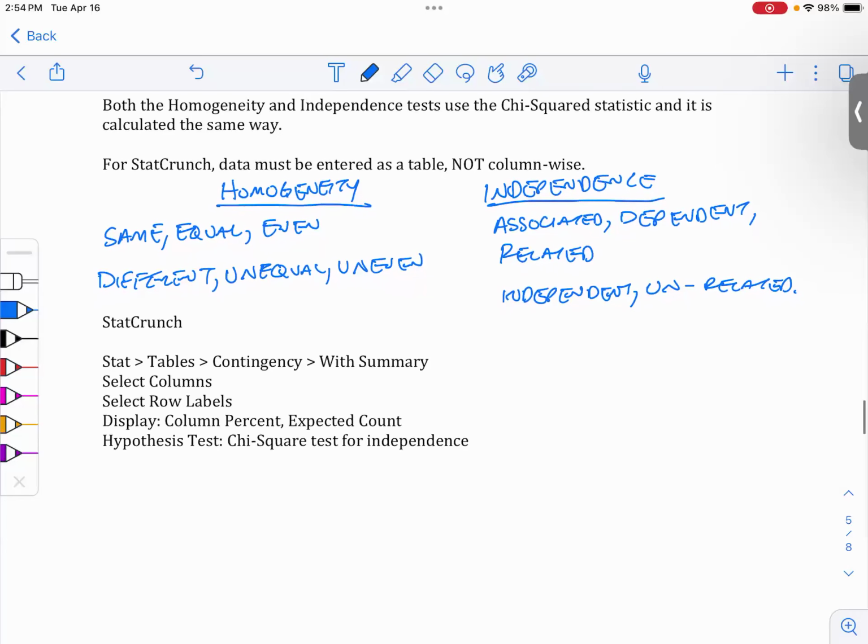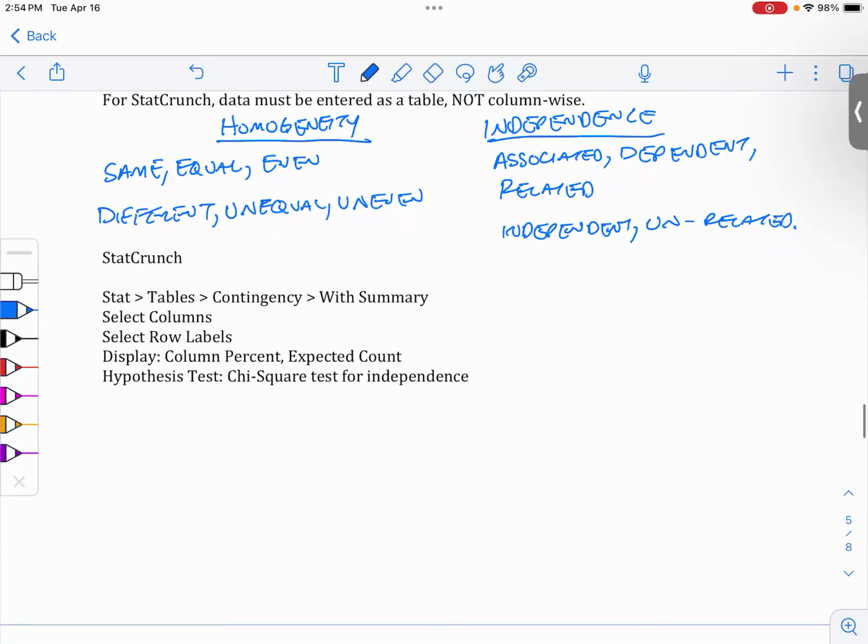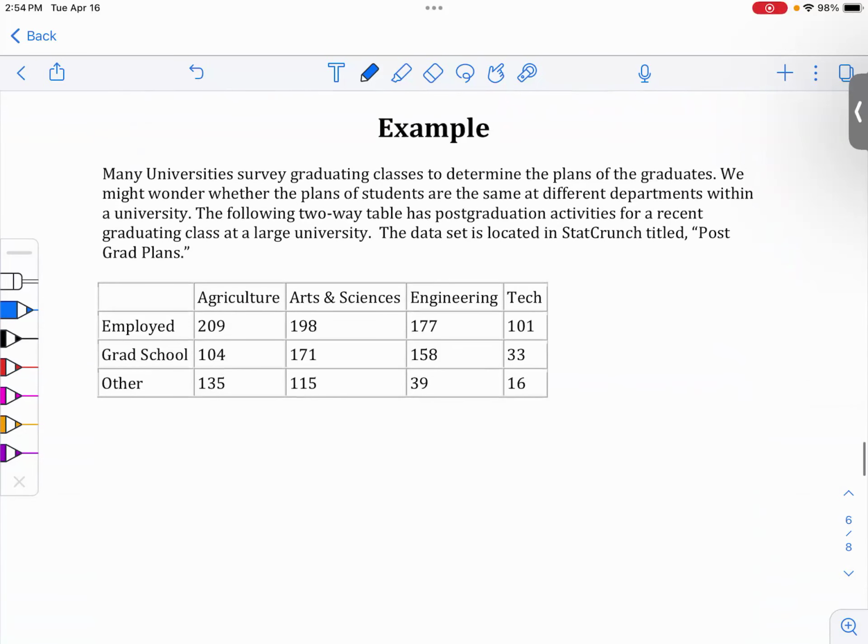All right, so in StatCrunch, I'll show you what we need to select, and it's all right there. So let's look at an example and identify which one we're doing. All right, so we have the chi-squared test of goodness of fit, chi-squared test of homogeneity, chi-squared test of independence.